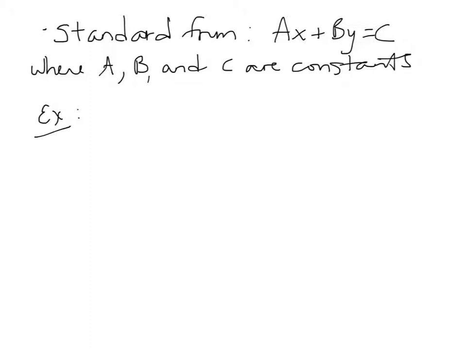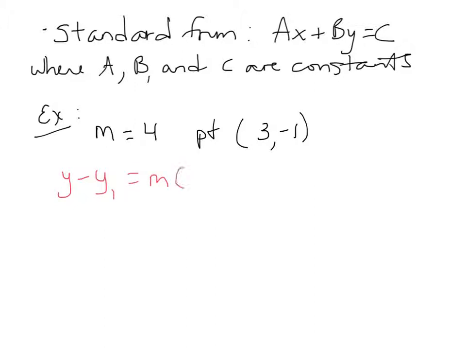All right, we're going to try an example of point-slope form and standard form, since I'm assuming that everyone remembers vertical and horizontal lines and y equals mx plus b. So if I tell you that the slope is 4 and you're given the point (3, -1), and I want to use y minus y1 equals m times x minus x1, this is my slope, this is x1, and this is y1.